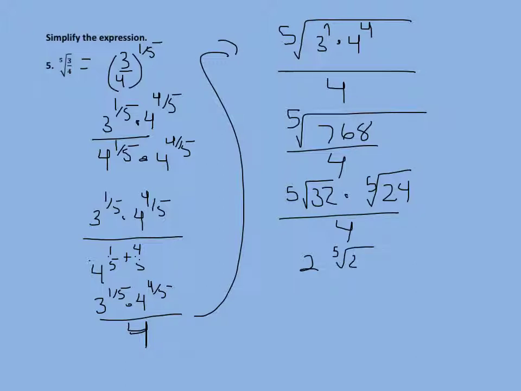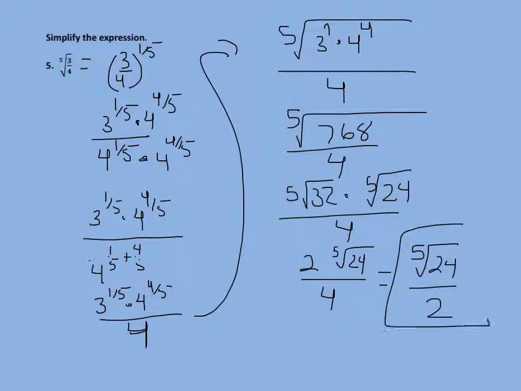Fifth root of 24 over 4, but then that would simplify to fifth root of 24 over 2. Okay? If you need to, rewind and replay that, but try to soak that in.